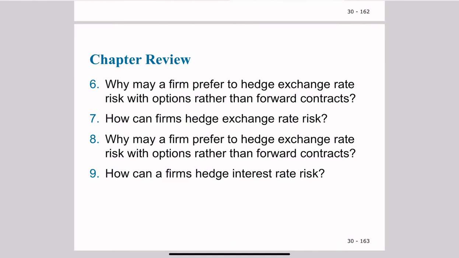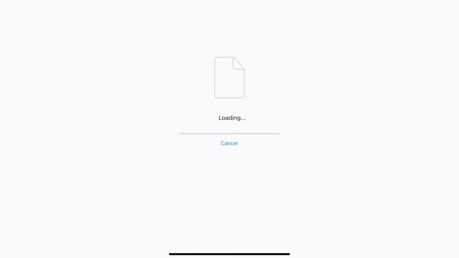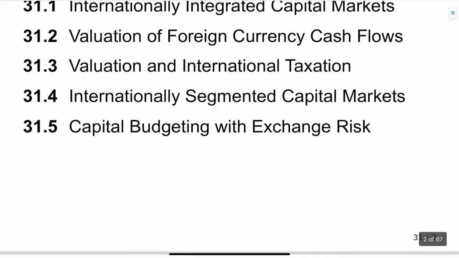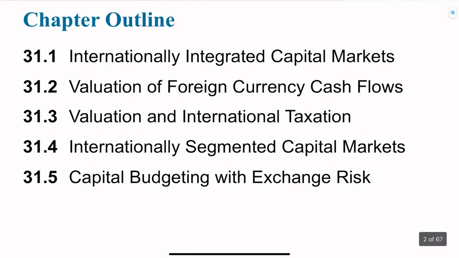Okay, so let's move to the next chapter, which is chapter 31, International Corporate Finance. So we have these several topics. First we will talk about the benchmark case, the internationally integrated capital markets.